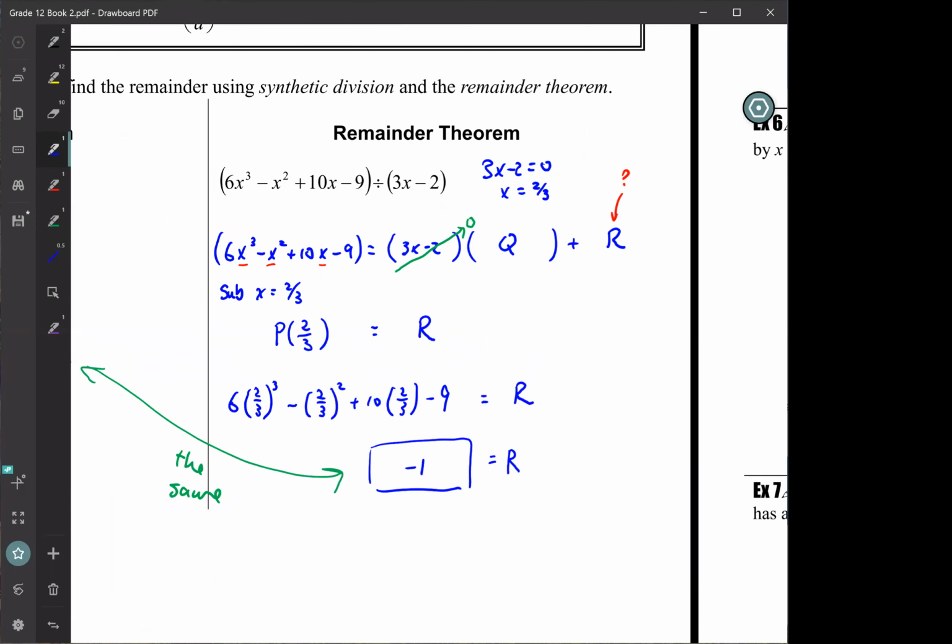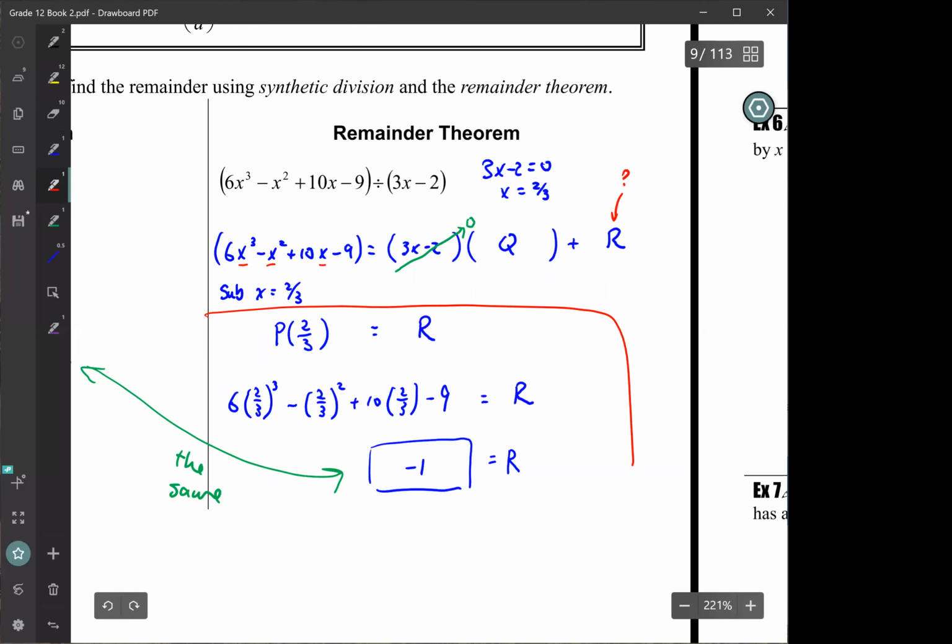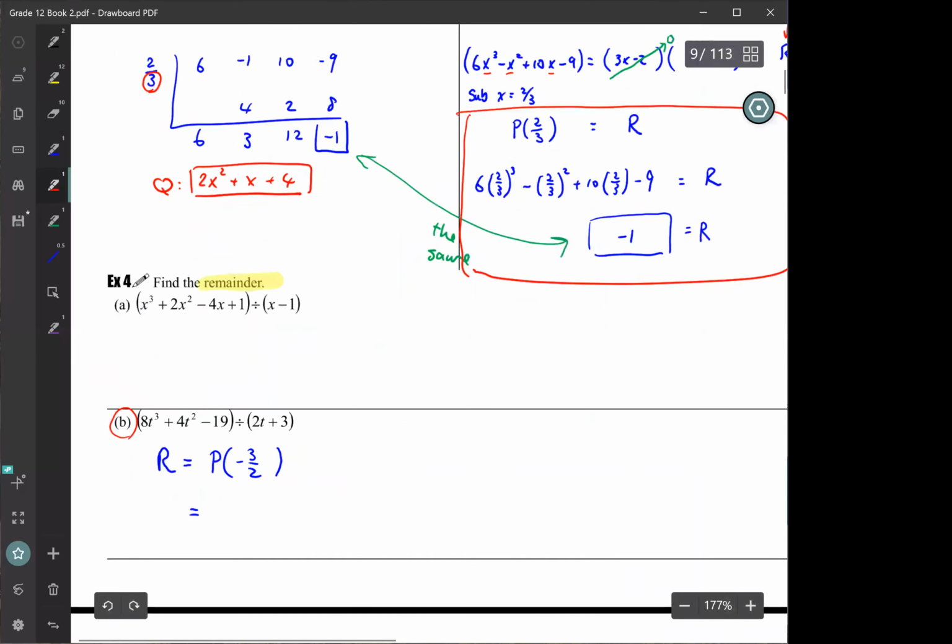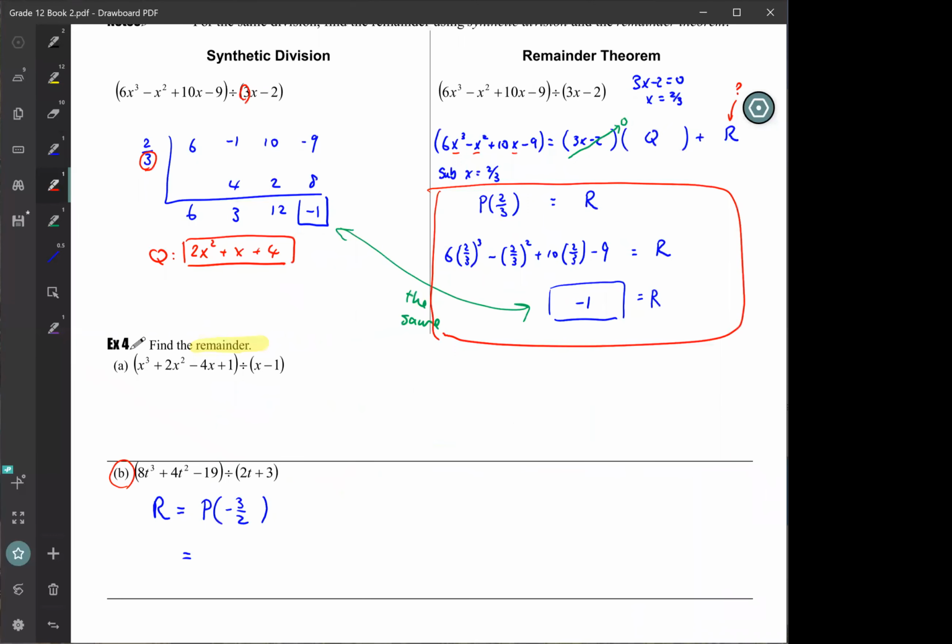But then when you are doing questions, you just start from here. Yeah, you just show the work in the red box like that. You start with R equals. Okay, so when you get the remainder, please raise your hand. Take out the calculator.